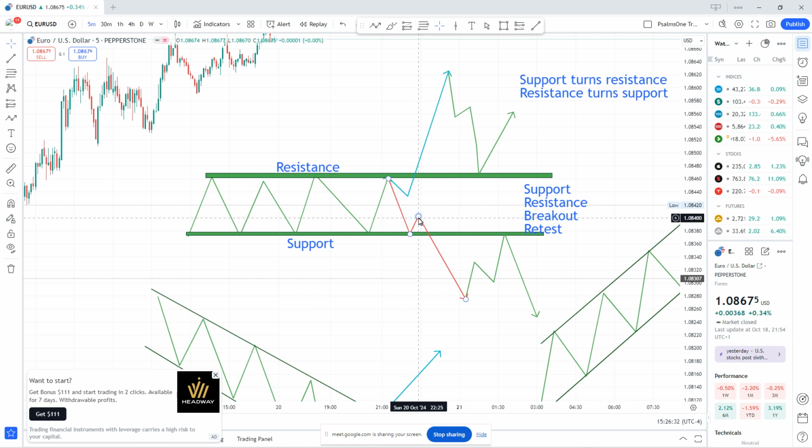All of a sudden, at the breakout from this red line, at the breakout of this zone, we expect that people who were buying are no longer buying. They now want to sell. So we expect that whenever price retraces back to that level, it should now turn to resistance.